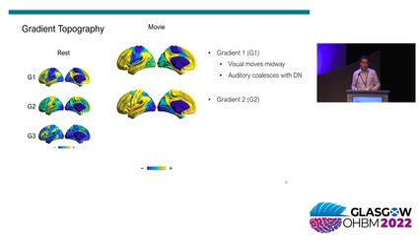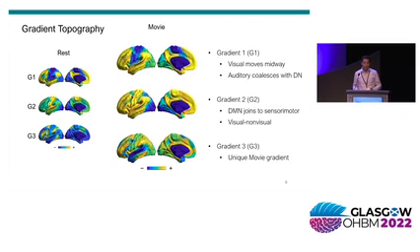If we look at gradient 2 in movie, we see that it also has similarities with rest gradient 2, again with important differences. For example, the default network regions, which are situated midway across this gradient in rest, are now shifted toward the somatomotor end, making it a visual to non-visual, including heteromodal region, axis.